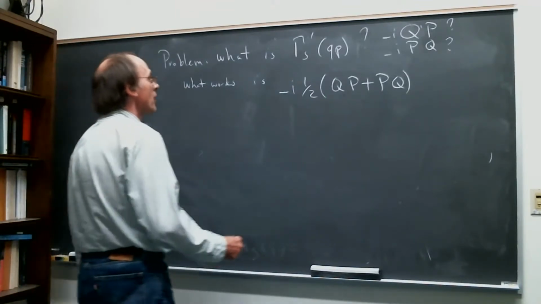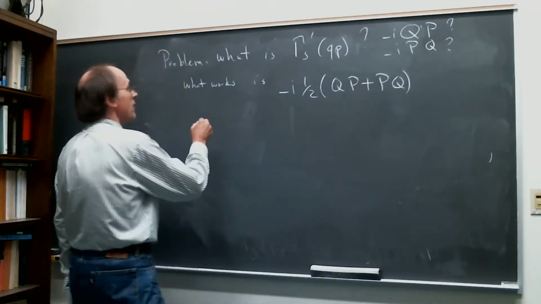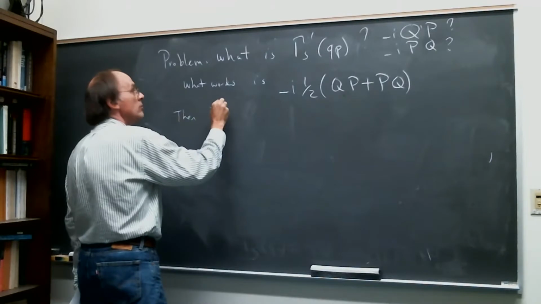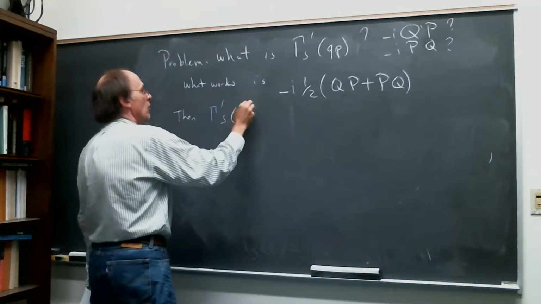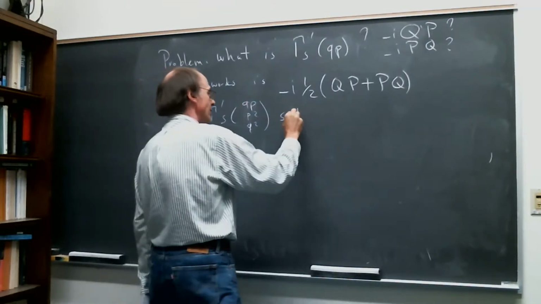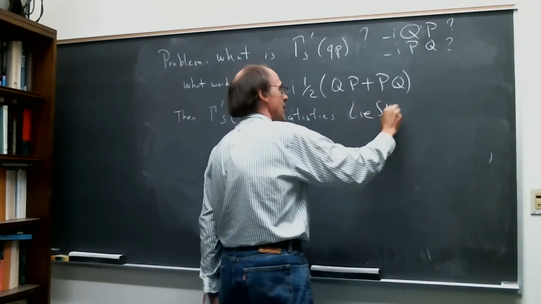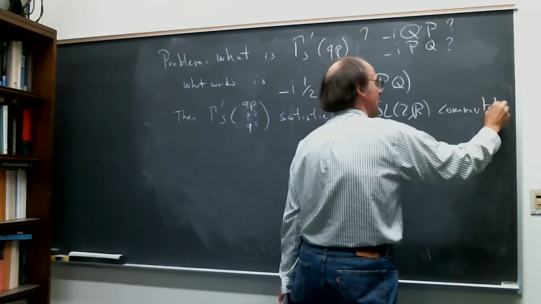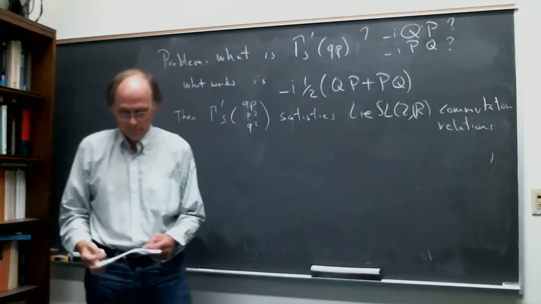So then, as a quadratic of QP, P squared, Q squared, this satisfies the SL2R commutation relations. So you're done.